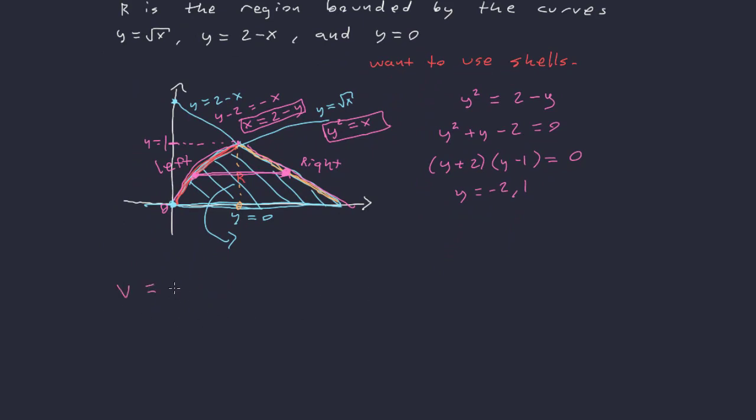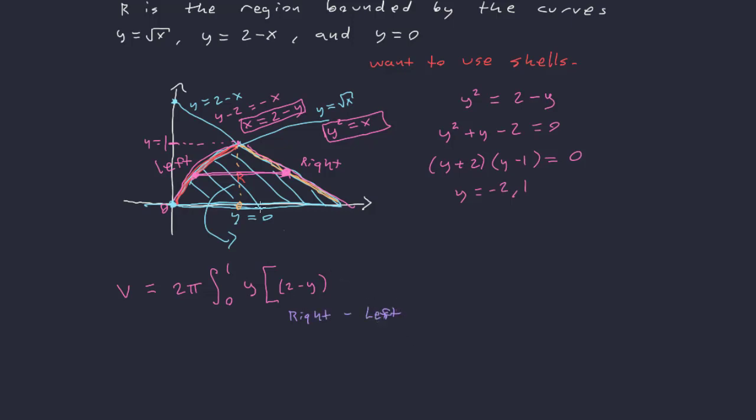The volume will be 2 pi times the integral from 0 to 1 of y times, now it's the right function, so in this case the right function is the 2 minus y. There's our right, and I need to do minus left.